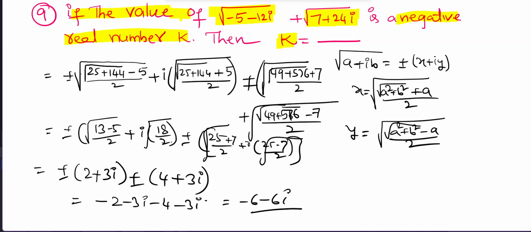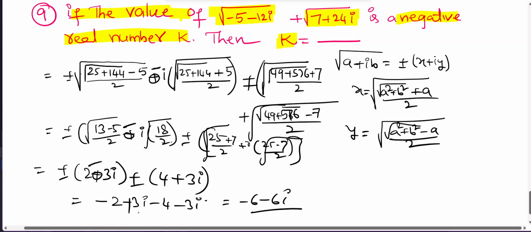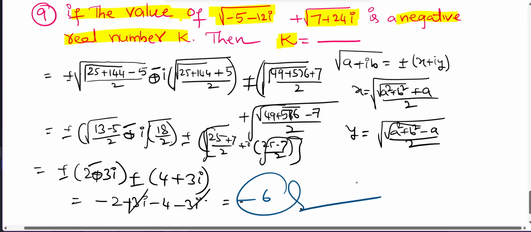Here the sign is minus, and multiplying by minus gives plus 3i, so the 3i cancels. So minus 2 minus 4 is equal to minus 6. This is the required answer.